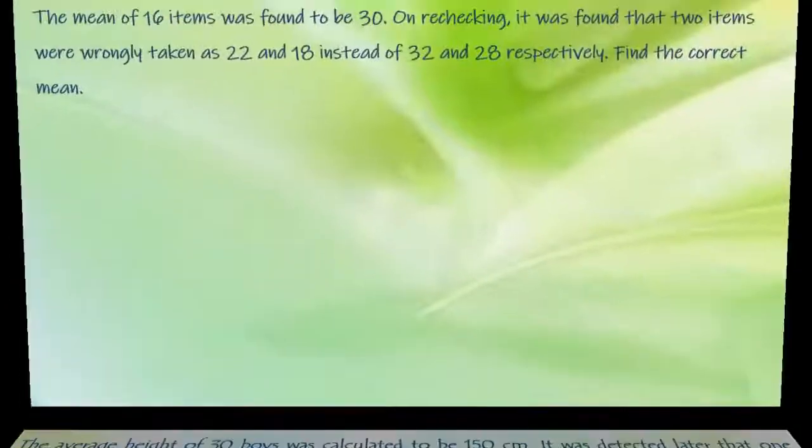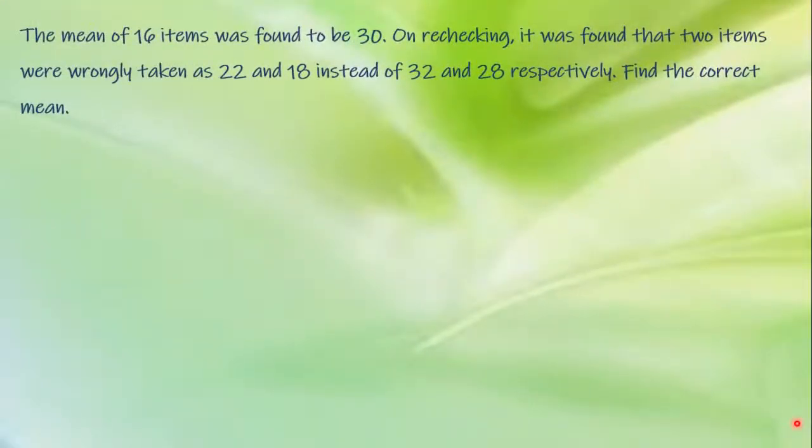Another question. The mean of 16 items was found to be 30. On rechecking, it is found that 2 items were wrongly taken as 22 and 18 instead of 32 and 28 respectively. We have to find the correct mean. In the previous question, only one number was wrong. Here, 2 numbers are wrongly taken.